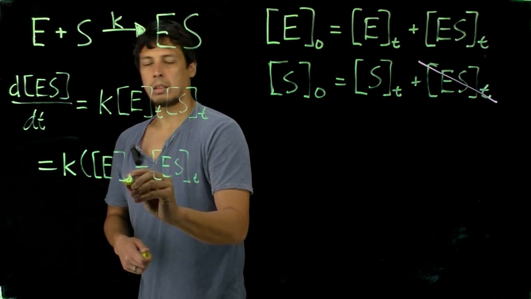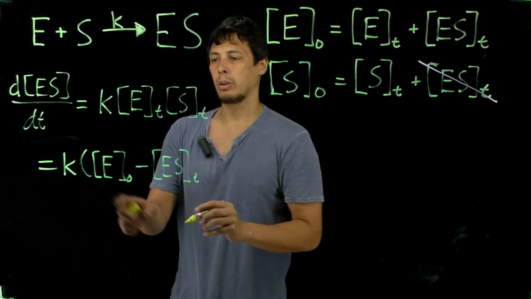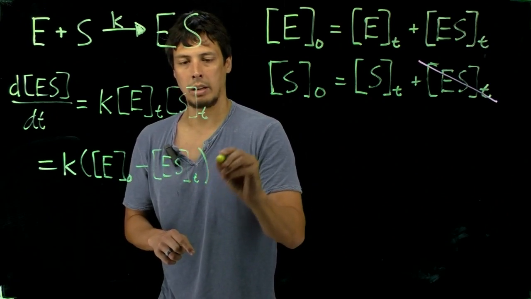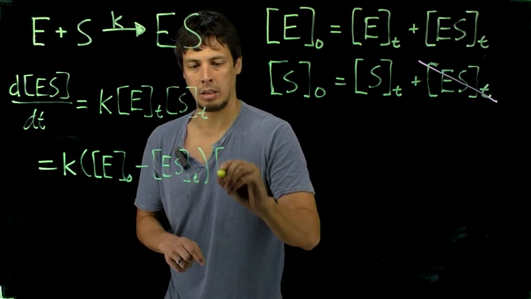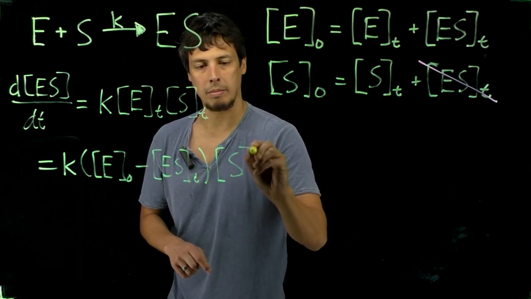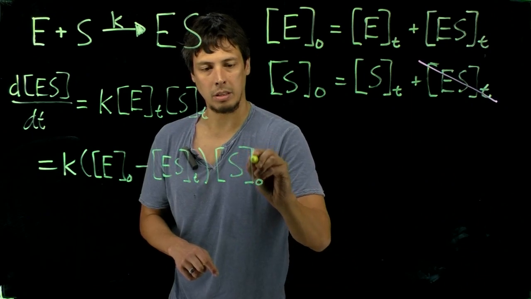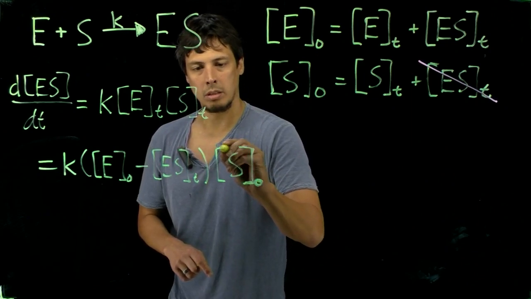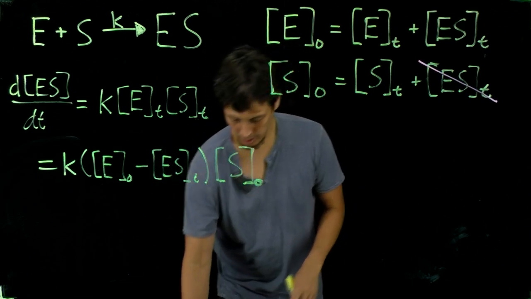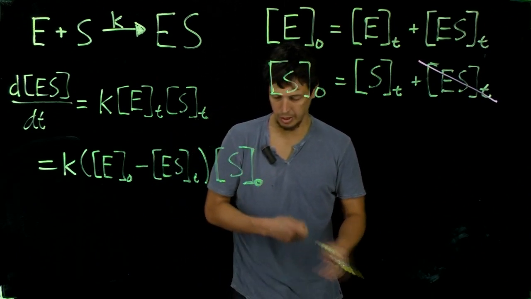And again, this is a constant. We know what this is because we set this up in our experiment. And S of t just becomes, from this equation, S naught. Again, this is experimentally controlled. So now when we multiply this out, it's no longer a quadratic equation.